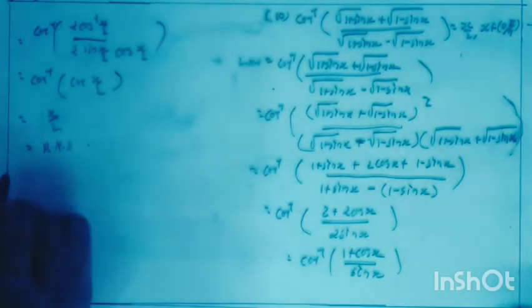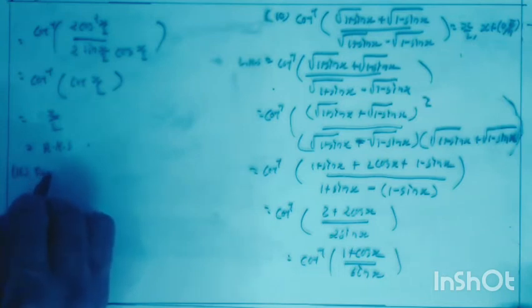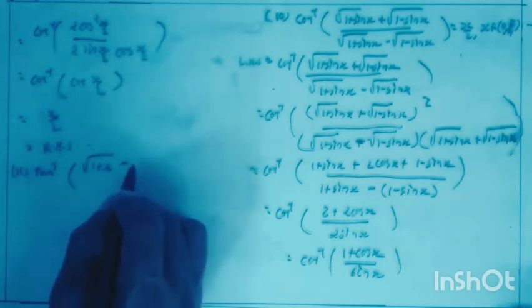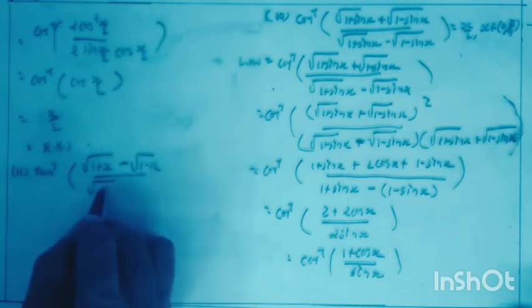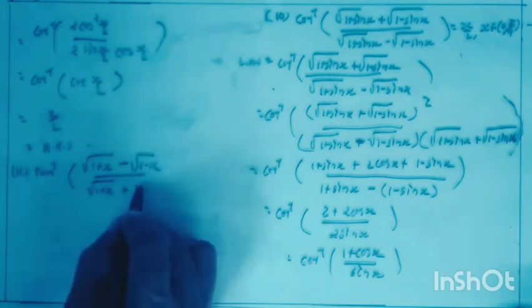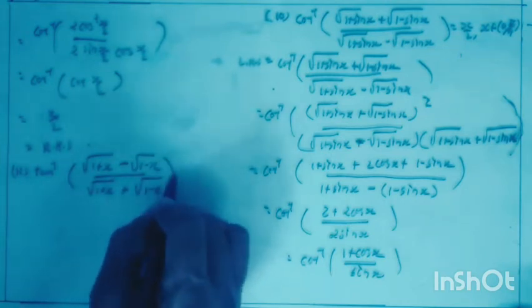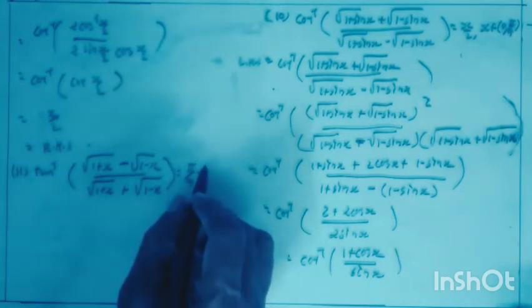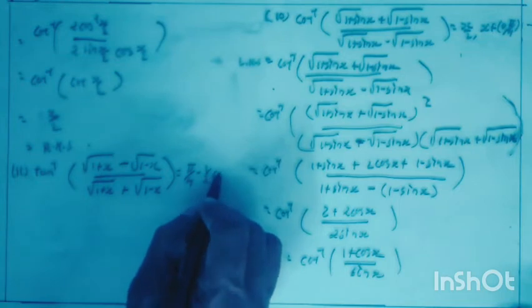Now question number 11. Prove that tan inverse of root of 1 plus x minus root of 1 minus x upon root of 1 plus x plus root of 1 minus x is equal to pi by 4 minus 1 by 2 cos inverse x.